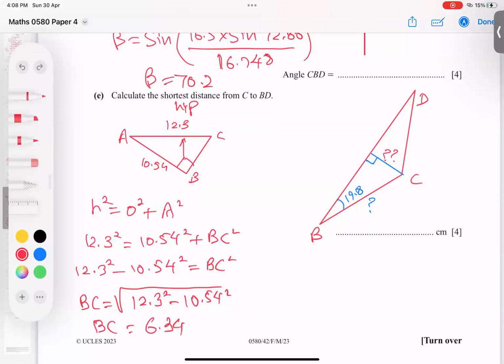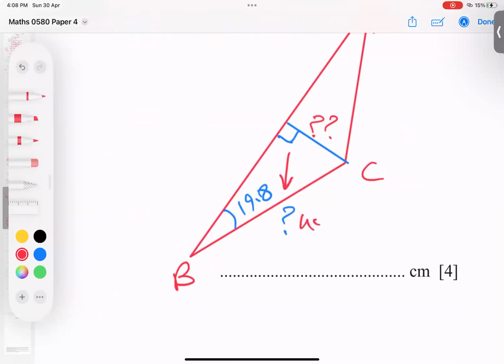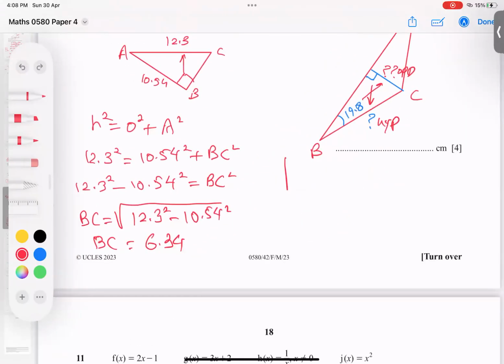I can use SOHCAHTOA on this triangle and get the answer. What is in front of 90? This is the hypotenuse, and this is the short distance. What is this? It is called opposite. So opposite by hypotenuse is sine theta. So I'm using sine theta here. Sine theta equals opposite, which is x, over the hypotenuse, which is this. I hope now you are going to finish. And the theta value is 19.8.